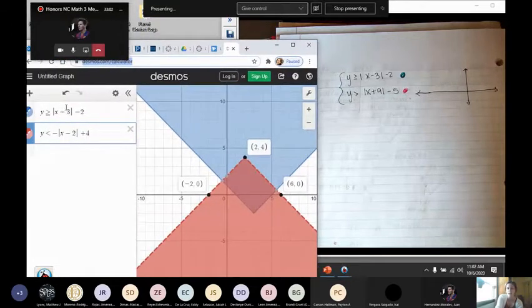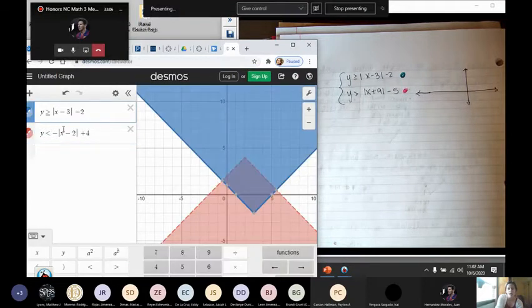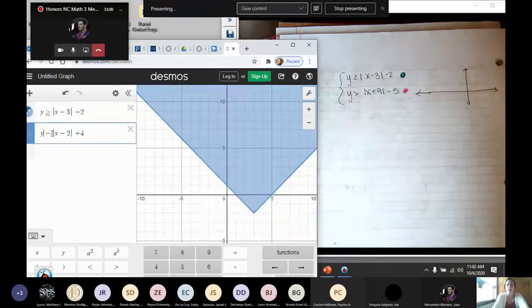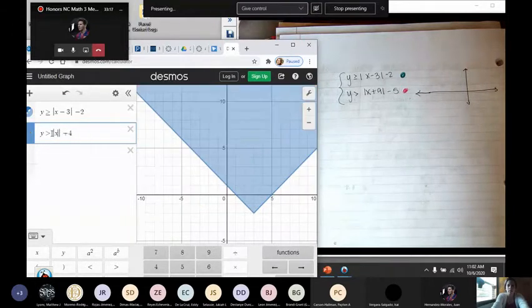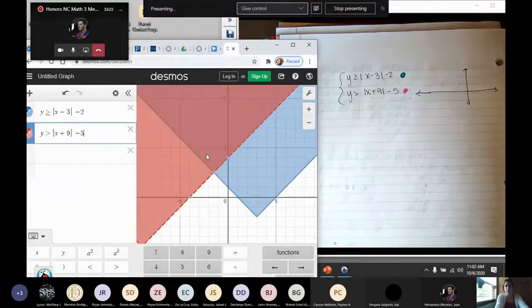Okay, so our first one is going to be the absolute value of x minus 3, minus 2. Oh, look at that, that one's the same. And then our next one is going to be greater than the absolute value of x plus 9, minus 5. Okay, so these are our two functions.